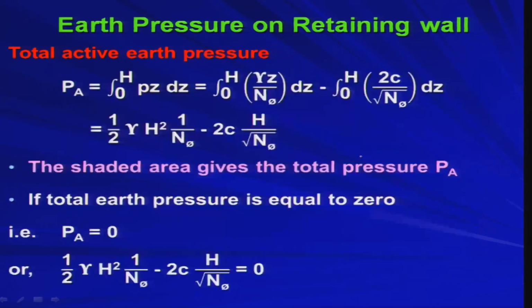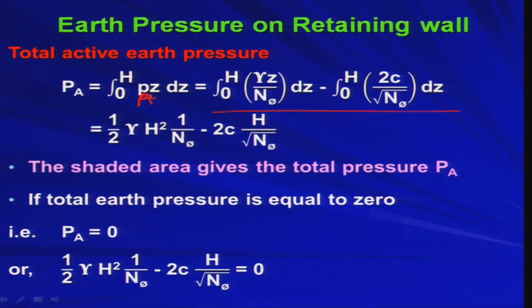Now, if you are going to find the total active thrust PA, that is nothing but the integral from 0 to H of P into dz, which is the integral from 0 to H of gamma z by N phi into dz, minus the integral from 0 to H of 2c by root over N phi into dz. So this is nothing but PA.